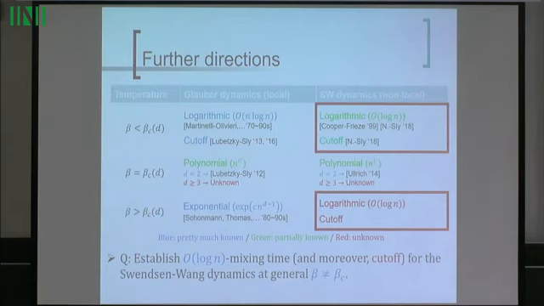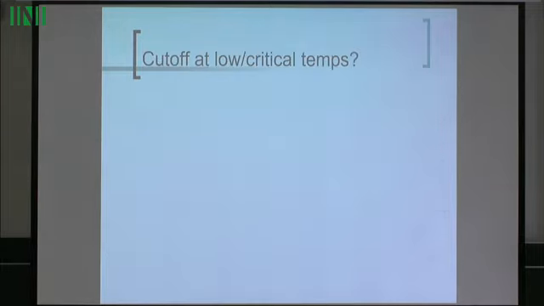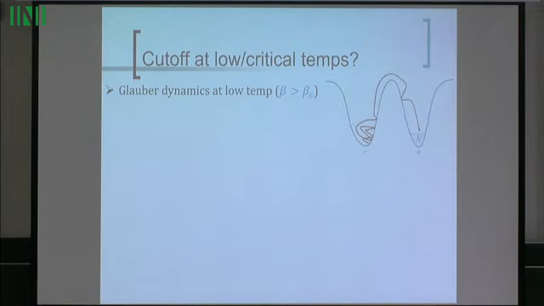And since I have a few more minutes left, I prepared an appendix slide on whether cutoff should happen at low or critical temperatures. So I'll briefly do this. In the low temperature, what we basically have is two ground states, and so for the Glauber dynamics, Swendsen-Wang should have cutoff.